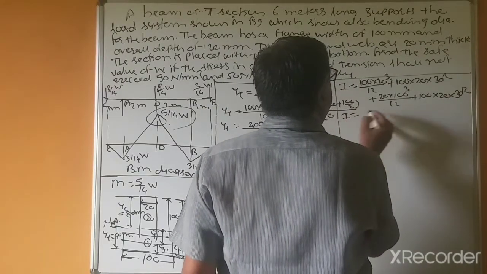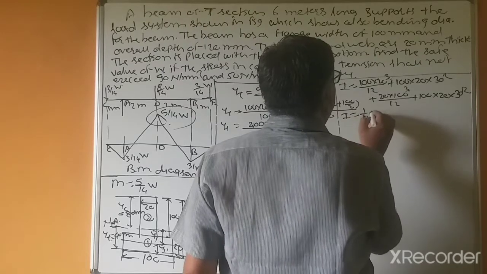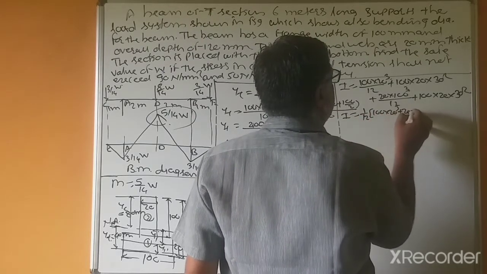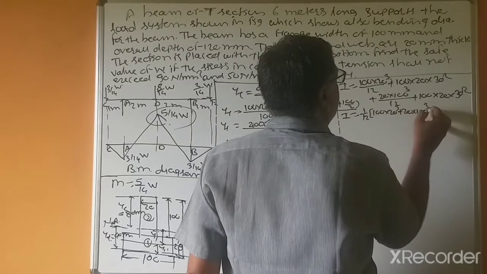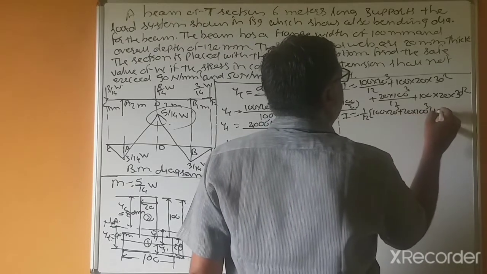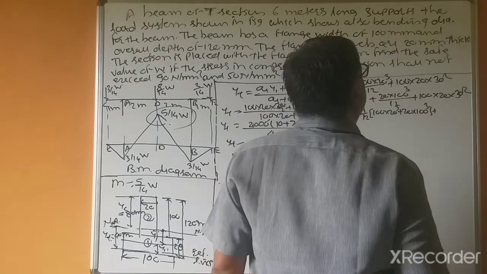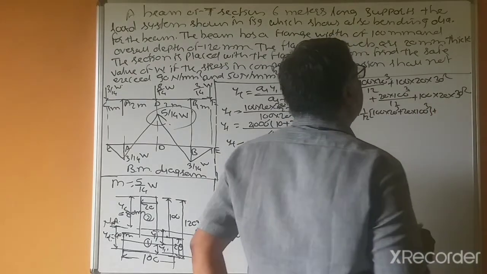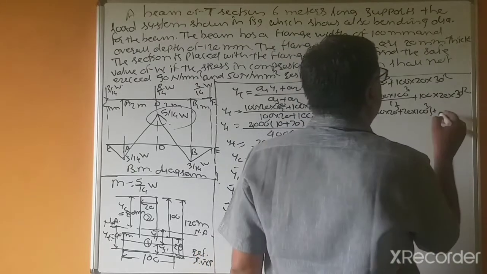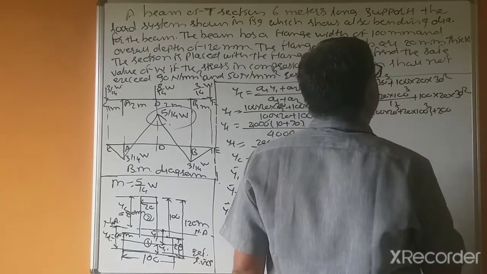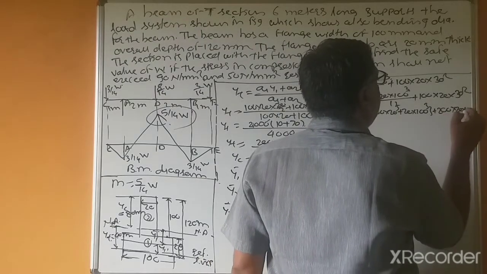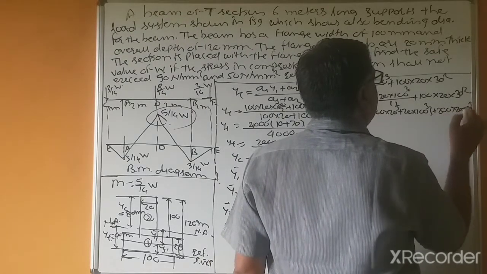Now we can take common 1 divided by 12, plus 2 times multiplied by 20 into 30 square.